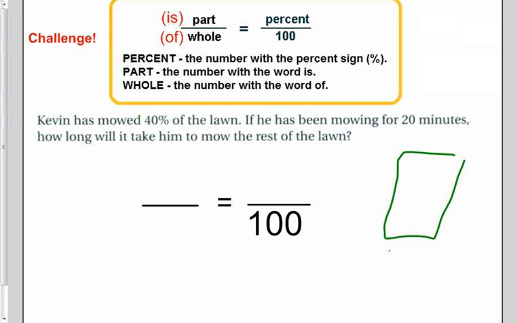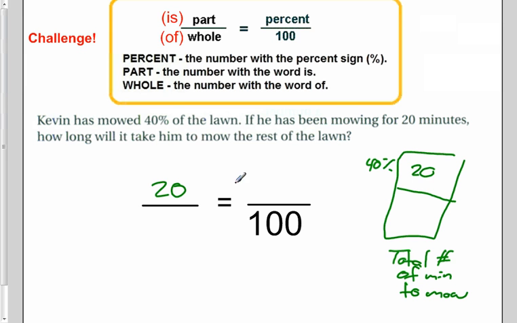If this is the total number of minutes to mow the whole lawn, and he has done about 40%, right? And it's taken him 20 minutes. So 20 minutes is going to be the part, not the whole. We know our percent. He spent 20 minutes, and it's 40% of the lawn. So how long then would it take to do the entire lawn?